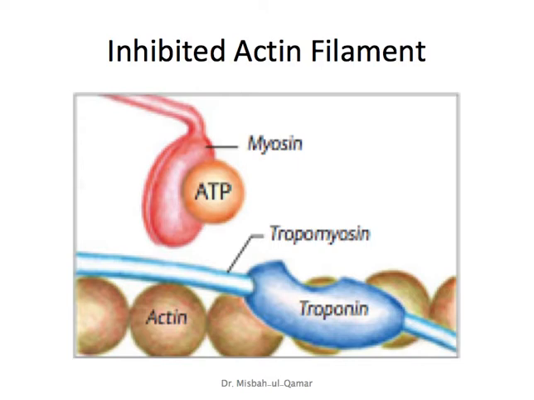And actin filaments remain inhibited in the relaxed state of muscle. The active sites on the actin filaments of the relaxed muscle are inhibited, so these sites cannot attach to the heads of myosin filaments to cause contraction.